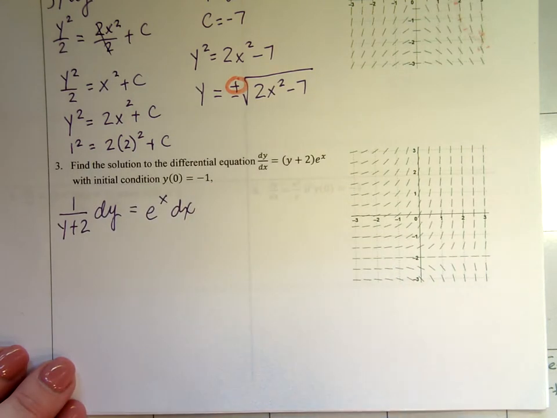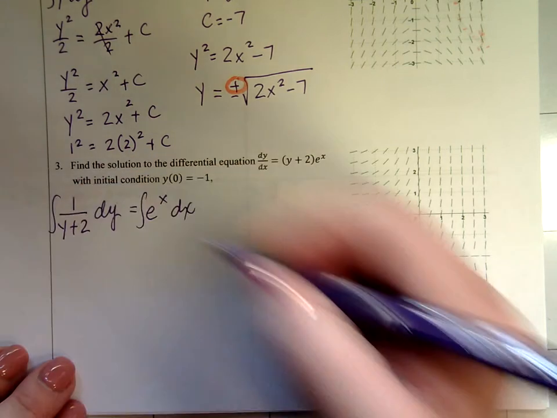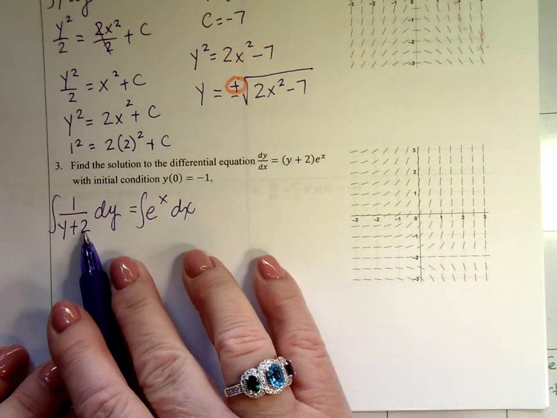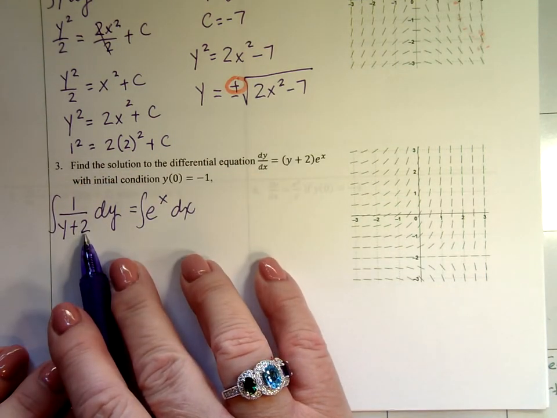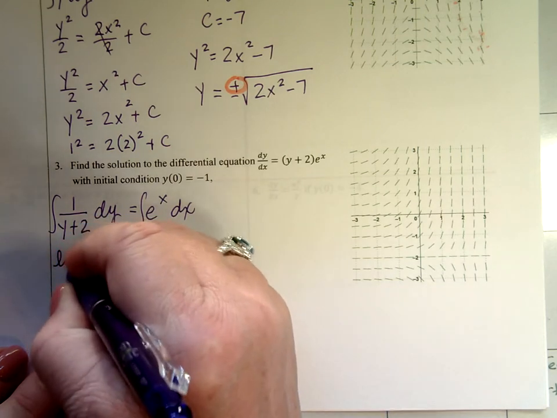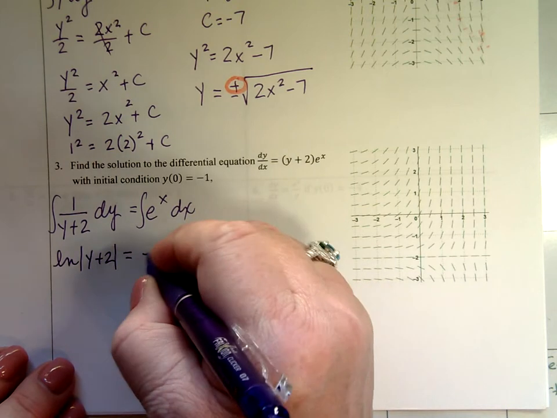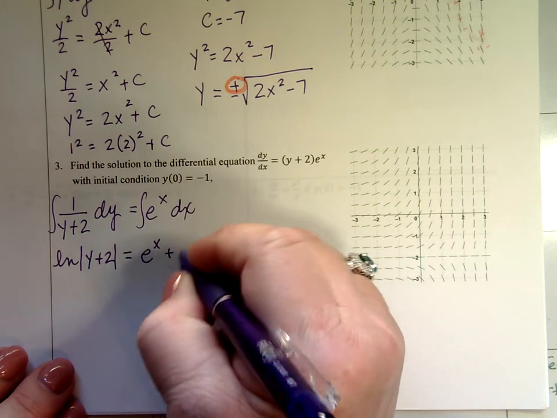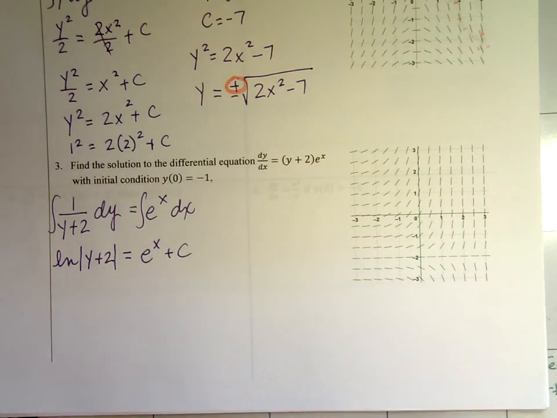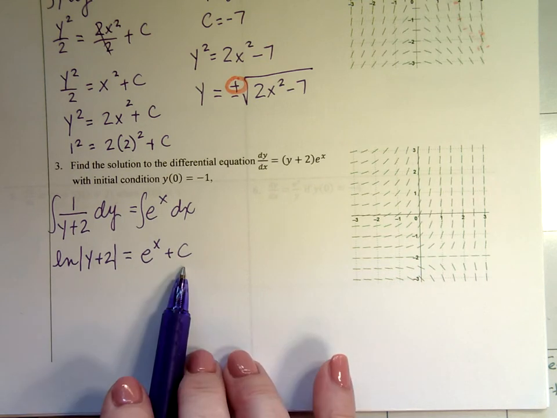All right, we're ready to integrate. This guy gives me 1 over anything is ln. So this guy's going to be an ln of y plus 2. On the right, e to the x is e to the x plus c. Now I can figure out what c is at this point. Remember, you've got the initial condition, you have lots of choices.